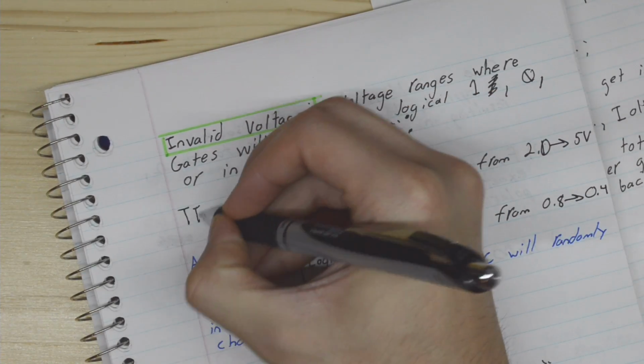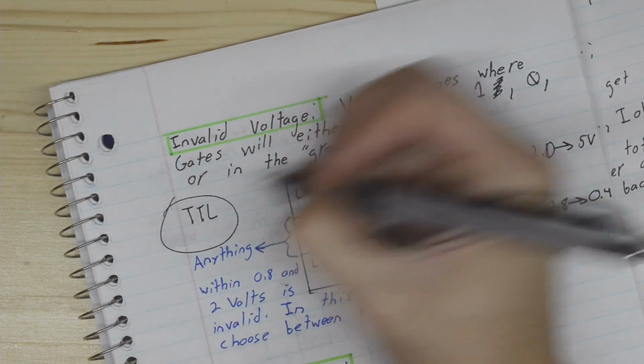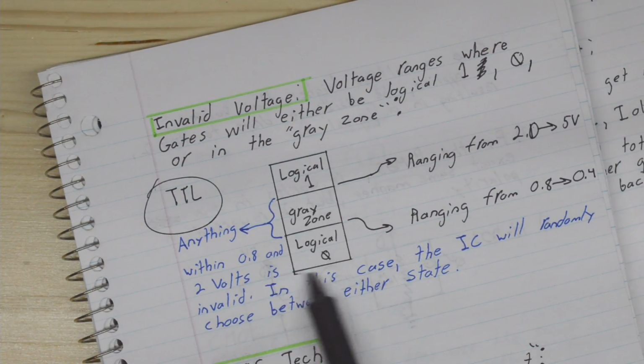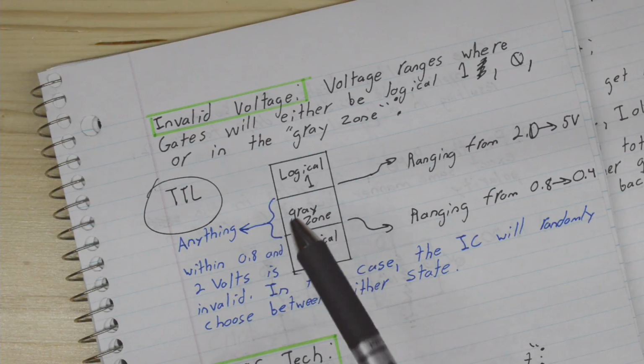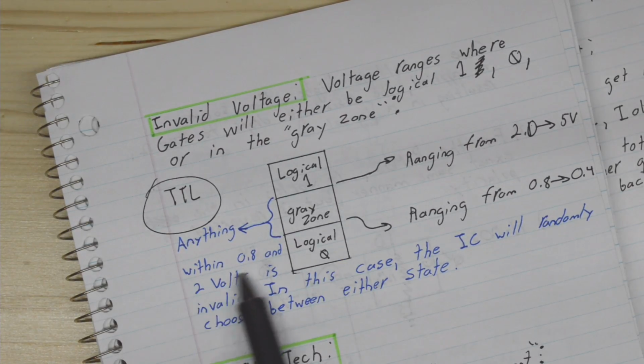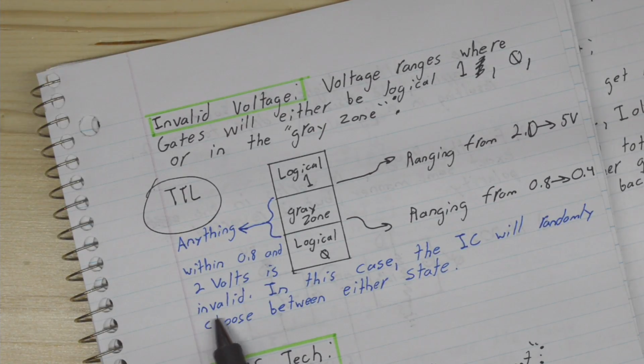So TTL, this gray zone, intermediary zone, which is between 0.8 and 2 volts, is invalid.